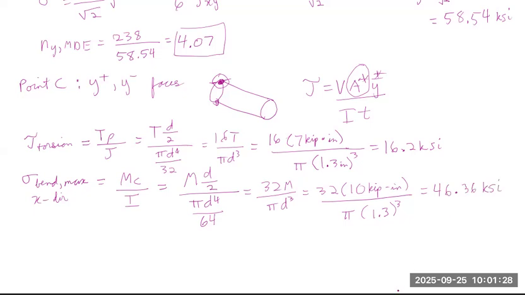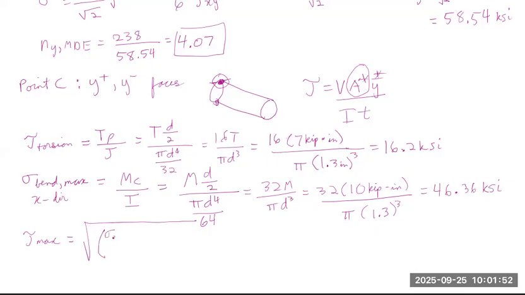So now again, we calculate the tau max for the positive y and negative y face at point C. And this equation for tau max is found from the Mohr circle.